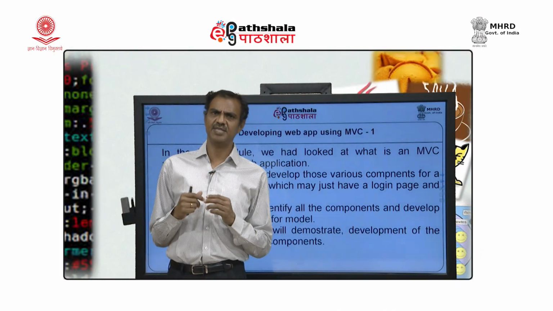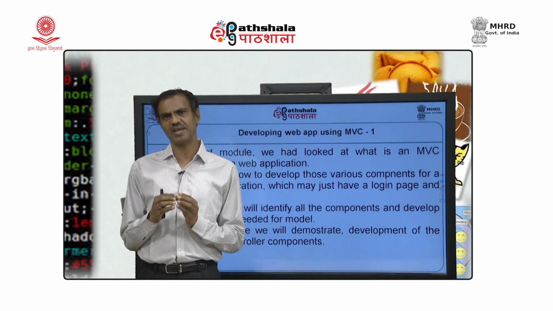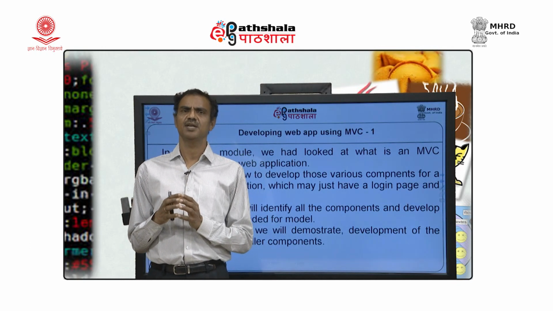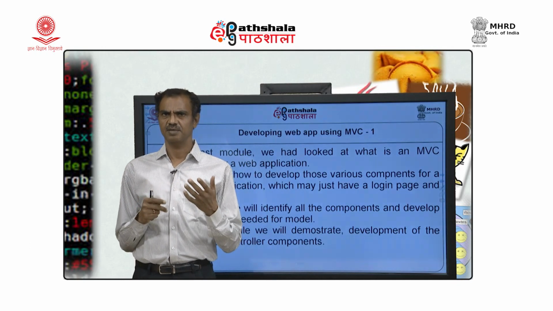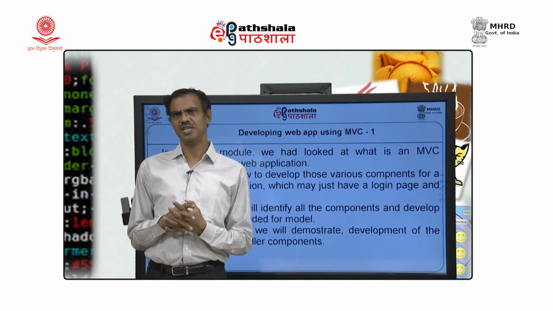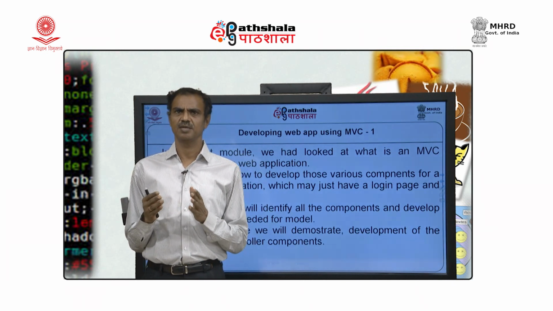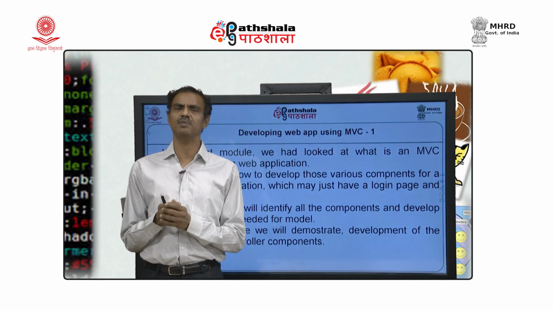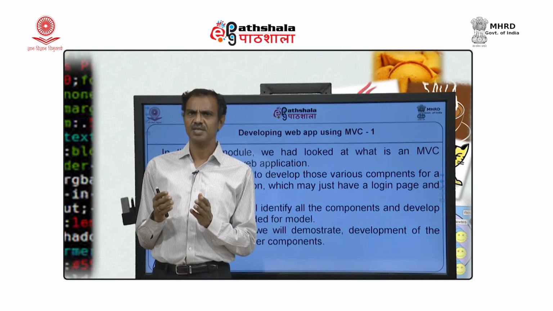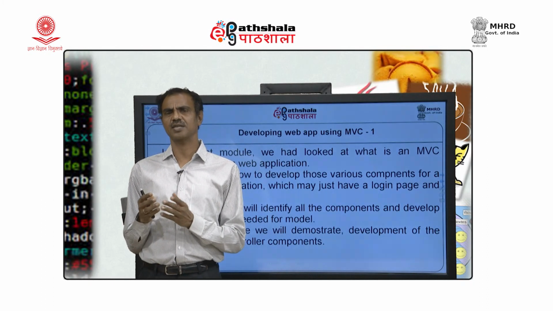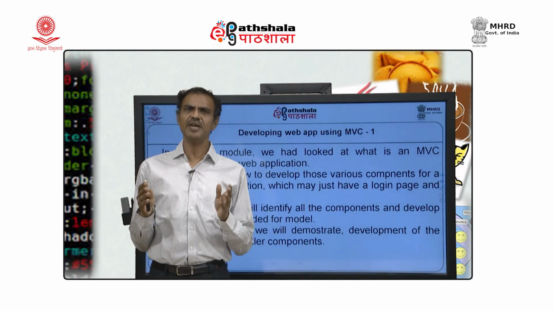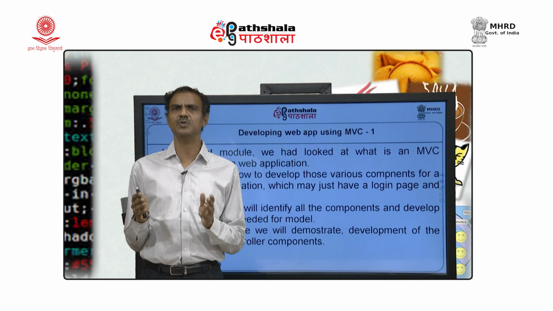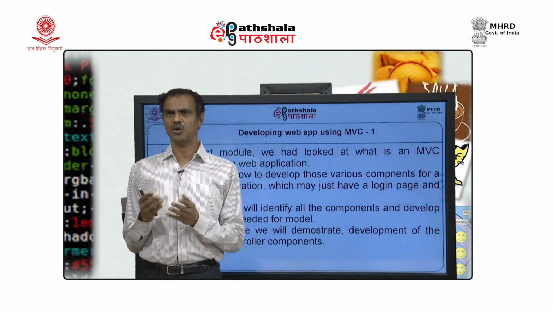We had seen that when we use MVC for web applications, we will be having bean components which are used as model. We will be having business components which can be part of the model. We can have servlets going as the controller, and we will be having JSPs which are going to be used as the view components.